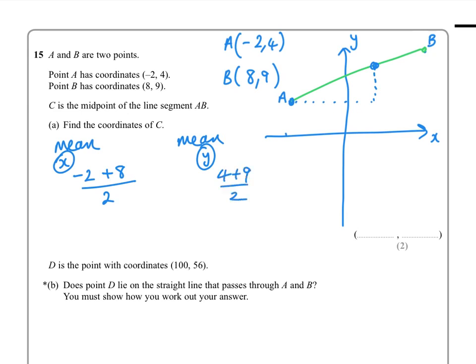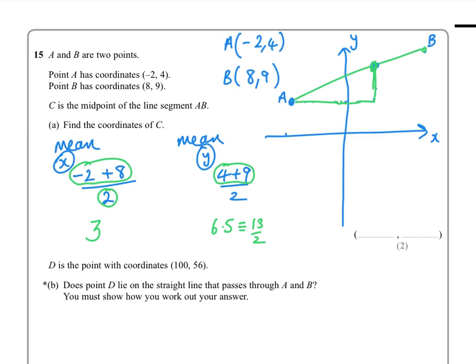Well, in the first situation for the x's, you'd have -2 plus 8 is 6, divided by 2 gives you 3, and the mean for the y is 4 and 9 is 13, 13 over 2, which is 6.5, which it's fine to say 13 over 2. So basically, if you moved along 3 units here and 6.5 units up, you'd be at this point here.